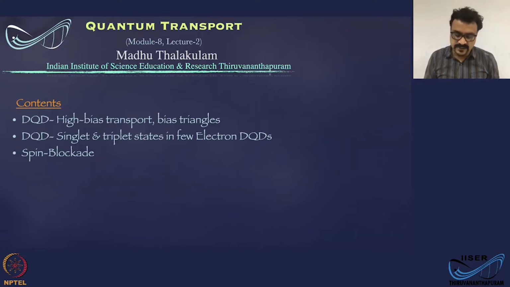Then you have a high bias, or large source-drain bias, across the double quantum dot, and what you would find is that these hexagonally arranged points expand into triangular regions, which are usually referred to as bias triangles.